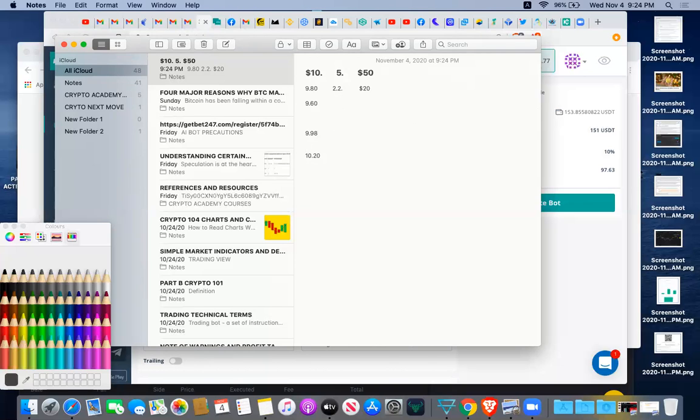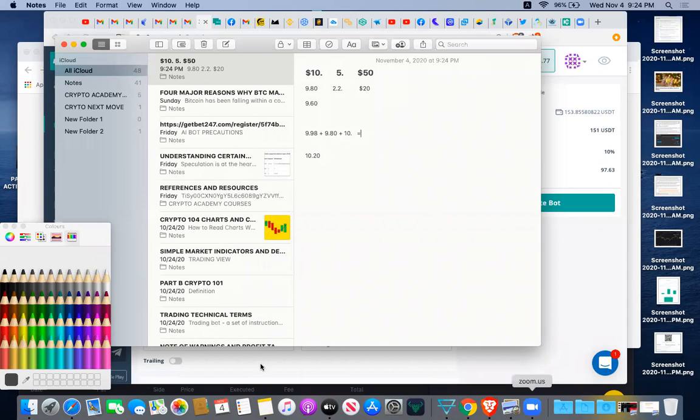9.98 plus 9.80 plus 10. How much is it going to give us?